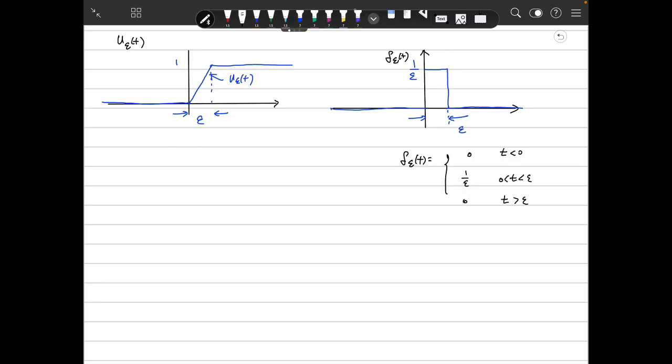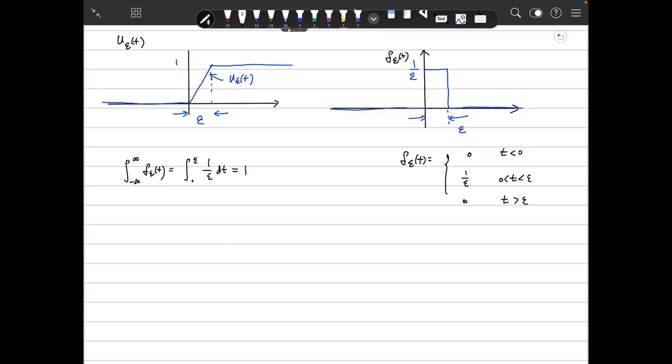So an important thing here is that the integral from minus infinity to infinity of delta epsilon t equals the integral from 0 to epsilon of 1 over epsilon dt. Therefore, that is 1.